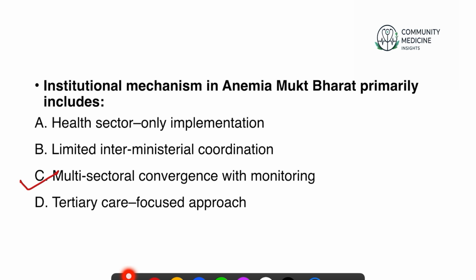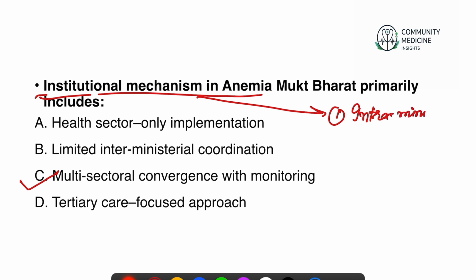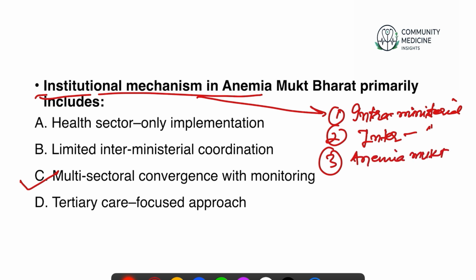As anemia is of multifactorial origin, there is convergence with different departments, and the 6 institutional mechanisms include intra-ministerial coordination, then second is interministerial coordination, and we have an Anemia Mukt Bharat unit, which is a dedicated unit which is responsible for overall program management and the strategy oversight.